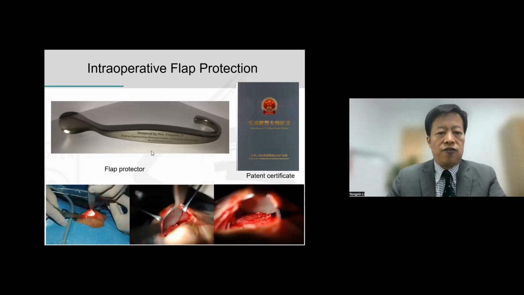This is a flap protector we designed, and it is a patent from the China government. During the surgery, this skin protector makes the incision smaller and smaller, and makes it easy to expose the bone bed and easy to do the surgery.